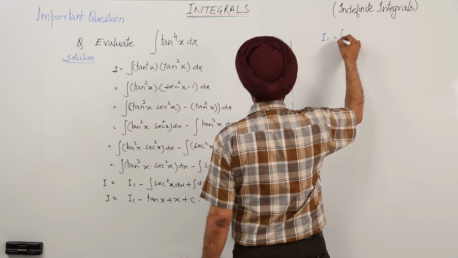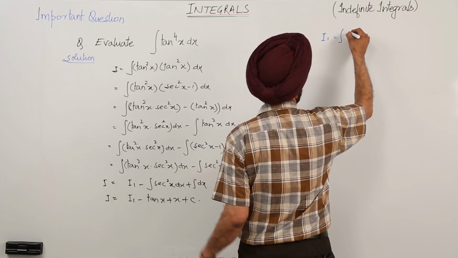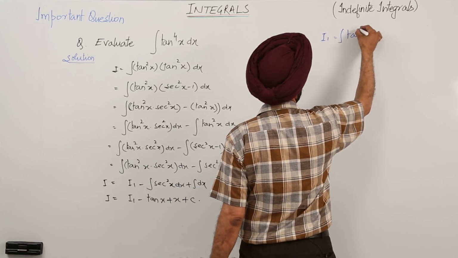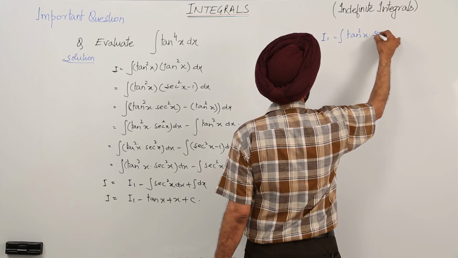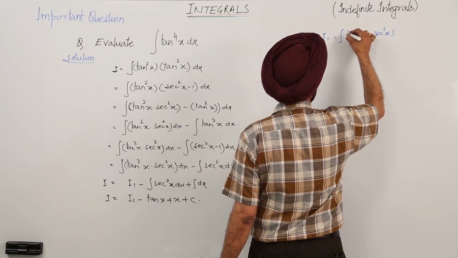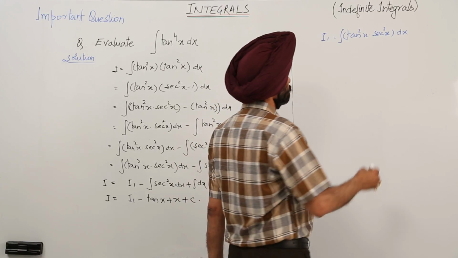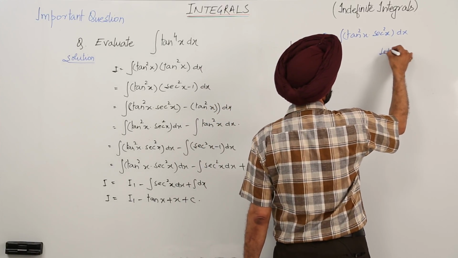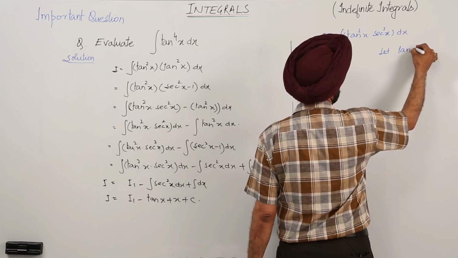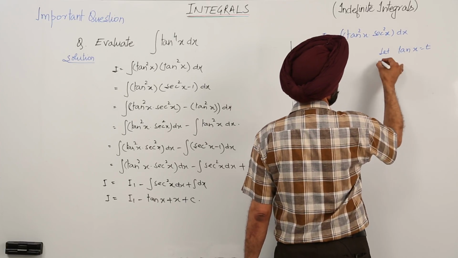Now I1 is equal to integration of tan square x into secant square x dx. Okay, so let tan x is equal to t.